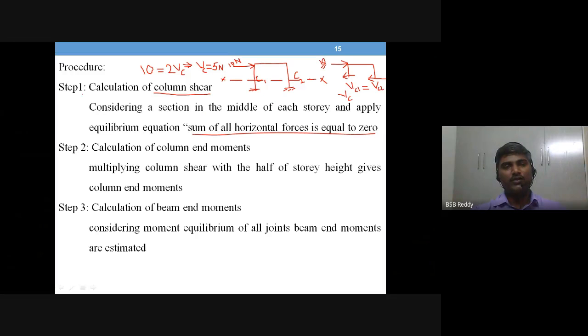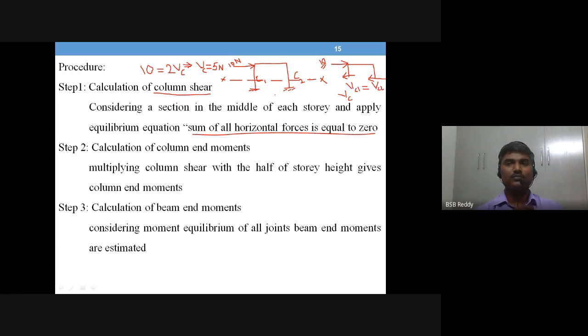So likewise, we start calculating. If you have a number of stories, you have to take each story like that, then pass a horizontal section at the middle of each story. Why middle? Because your first assumption is that the point of contraflexure lies at that point.